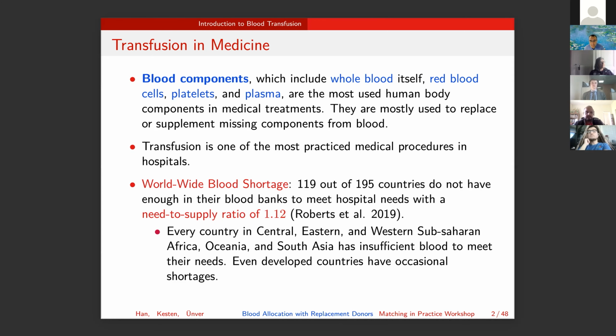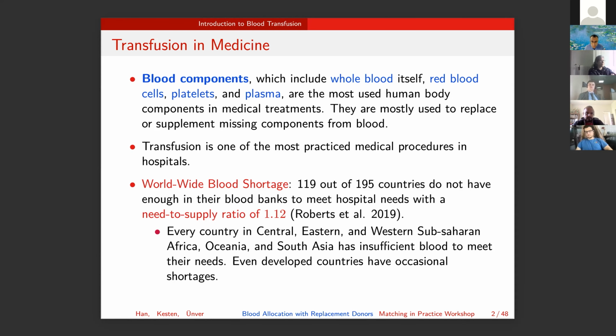119 out of 195 countries do not have enough in their blood banks to meet hospital needs, with a need to supply ratio of 1.12. These shortage countries include almost every country in Africa, Oceania, and South Asia.